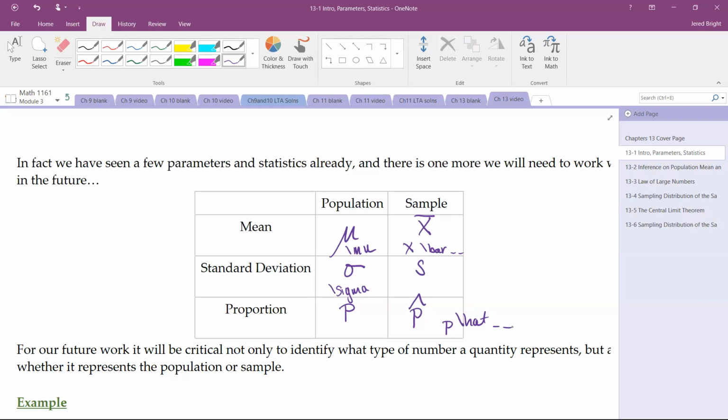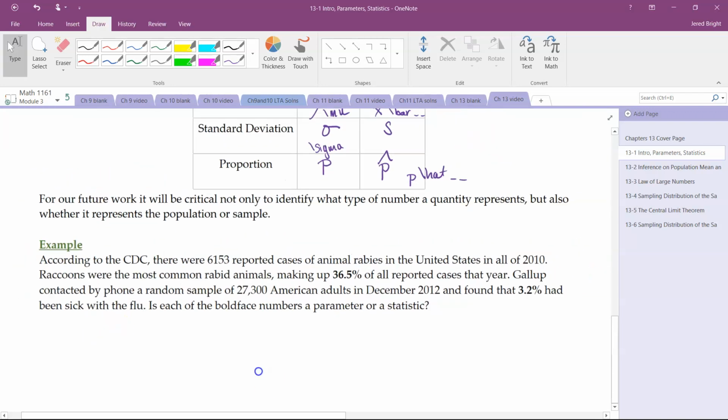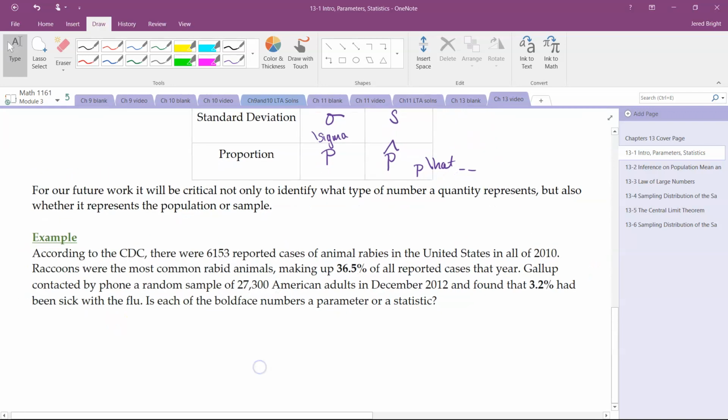So we need to be able to differentiate between the quantities provided to us in any sort of information and determine: is this number related to the population or is it related to the sample? Here is an example where we have to do just that.